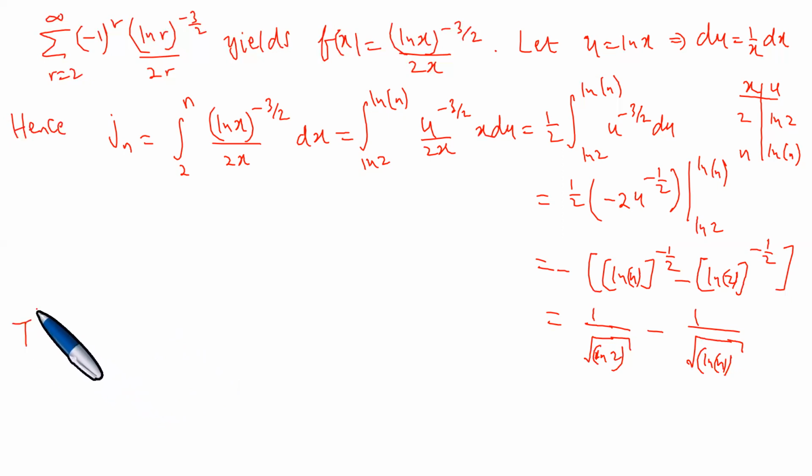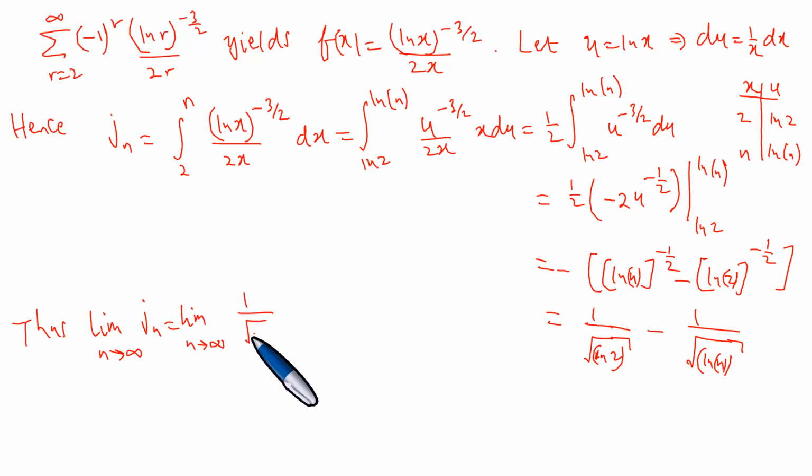Thus, the limit as n approaches infinity of Jn, which is the limit as n approaches infinity, then 2 minus the square root of this.